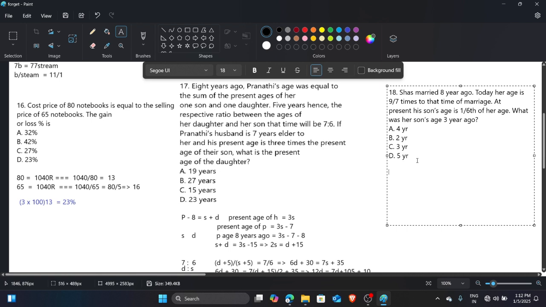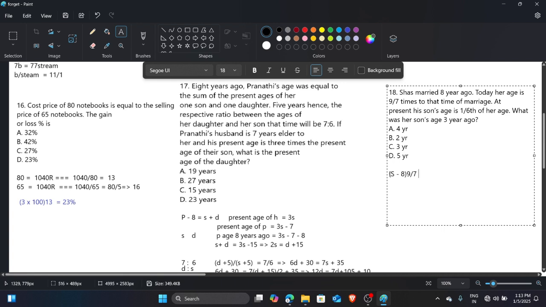So suppose we consider her present age is s, but it is talking about 8 years ago, so it should be subtracted by 8. Today her age is 9 by 7 times her age at that time of marriage. At present her son's age is 1 by 6 of her age.